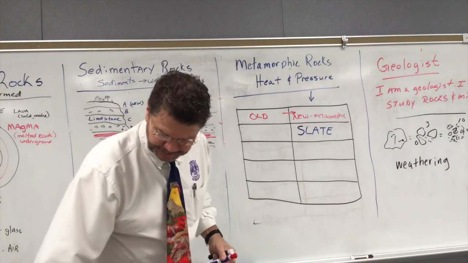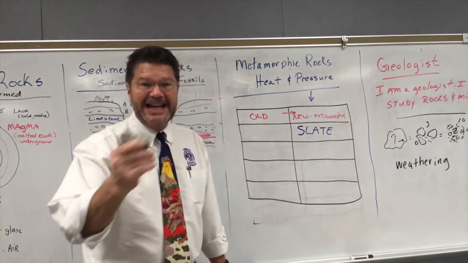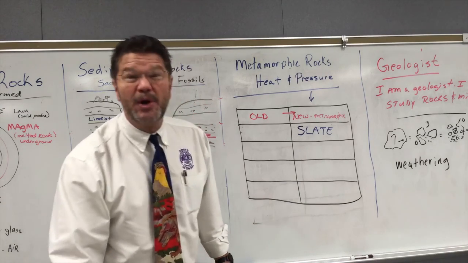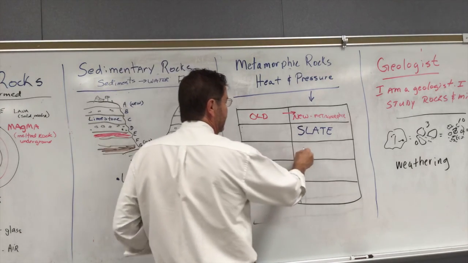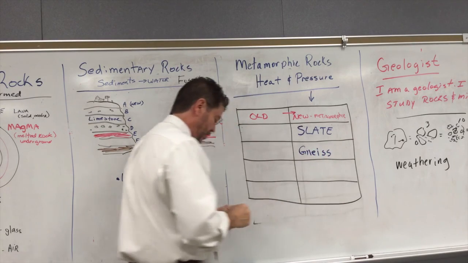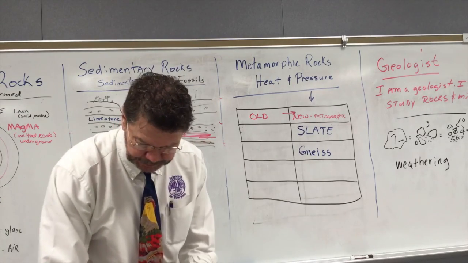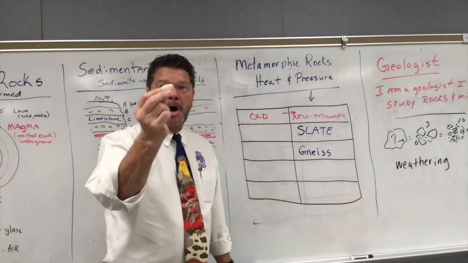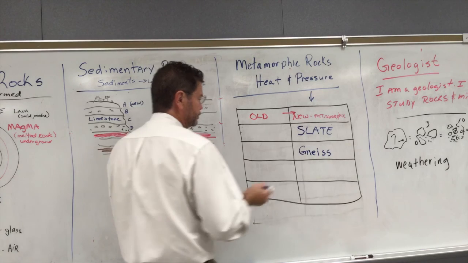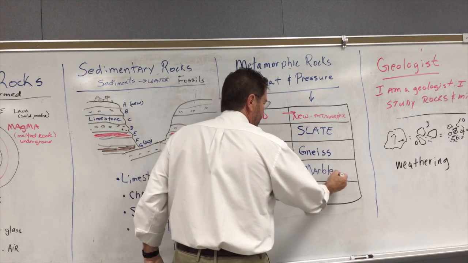Here's one. It's called gneiss. That's a weird word. G-N-E-I-S-S. All right? One of my favorite is one called marble. M-A-R-B-L-E.